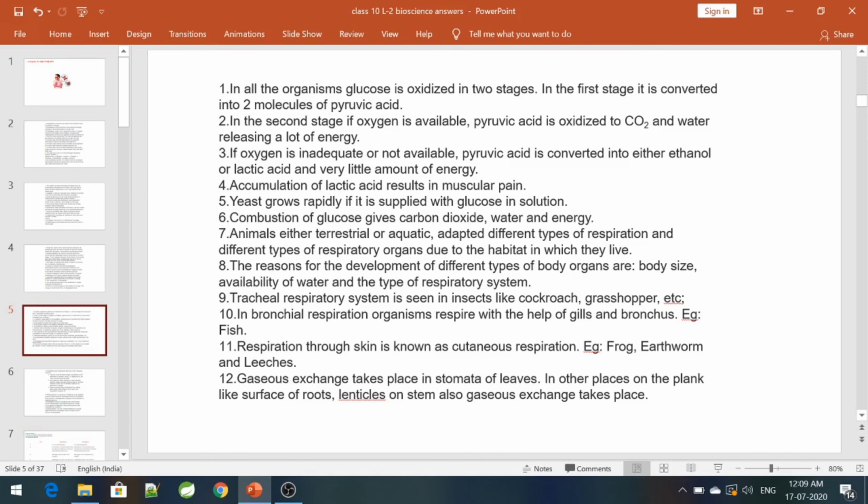Respiration through skin is known as cutaneous respiration, for example frog, earthworm and leeches. So different types of respiration take place by different organs. In plants, gaseous exchange takes place in the stomata of leaves, and also on the surface of roots and the lenticels on stems.